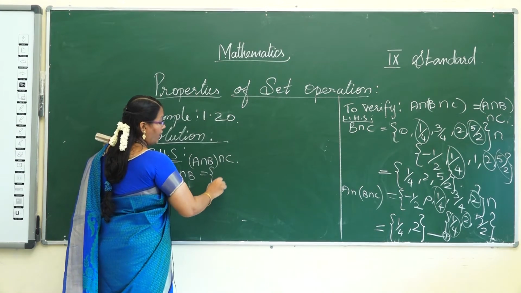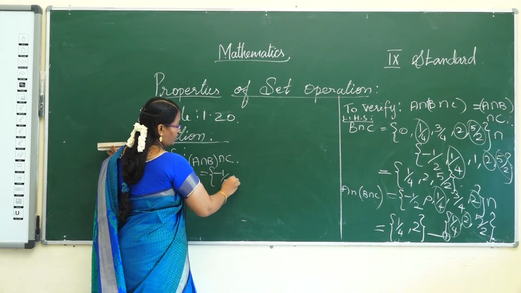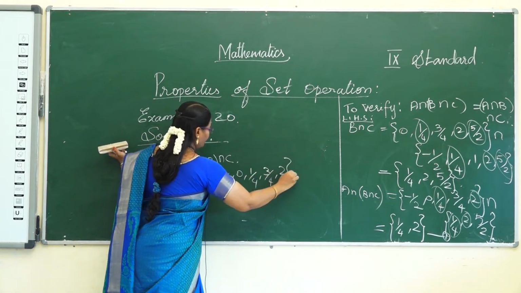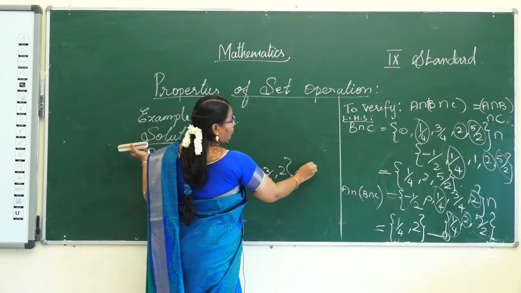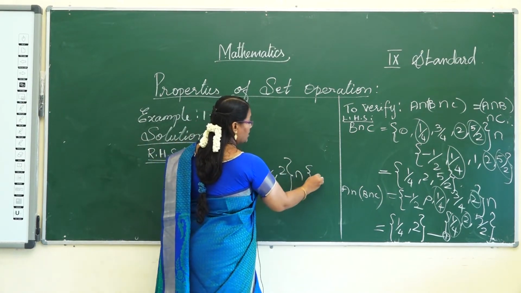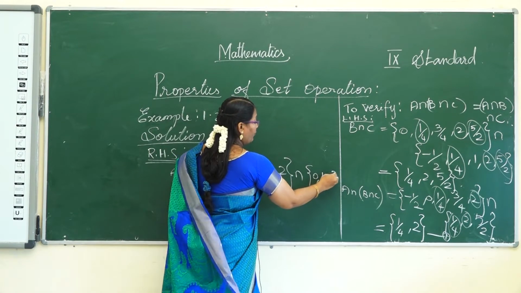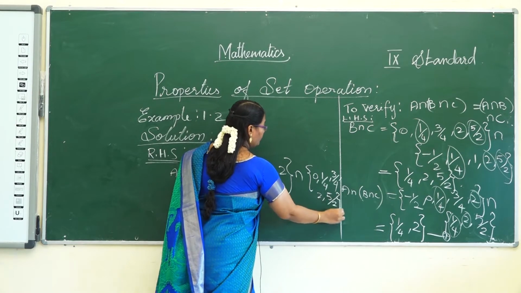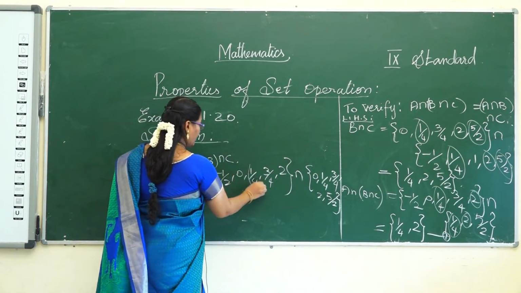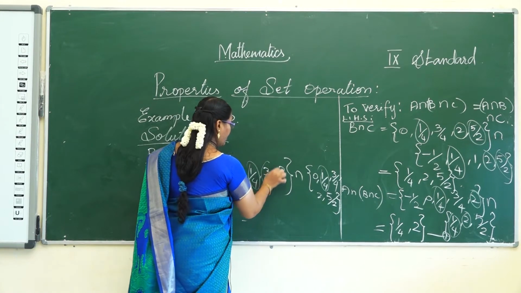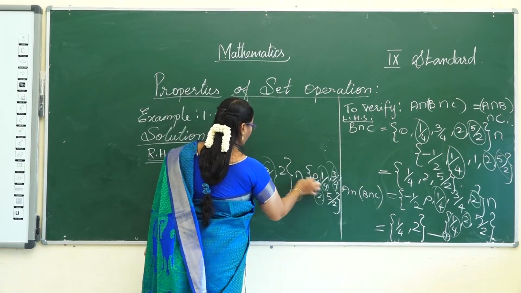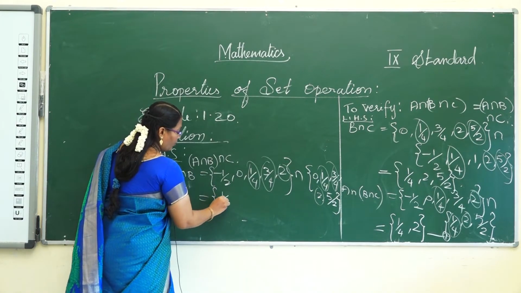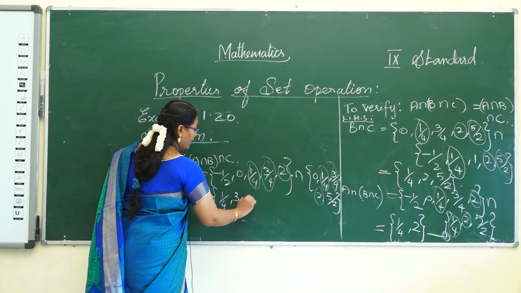So what are the elements in A? -1/2, 0, 1/4, 3/4, 2, intersection B values 0, 1/4, 3/4, 2, 5/2. So which are the elements common? 1/4, 3/4, 2. So elements are 1/4, 3/4 and 2.